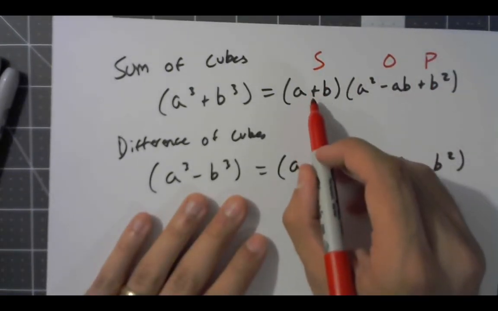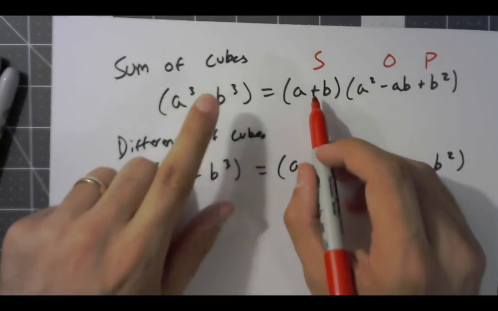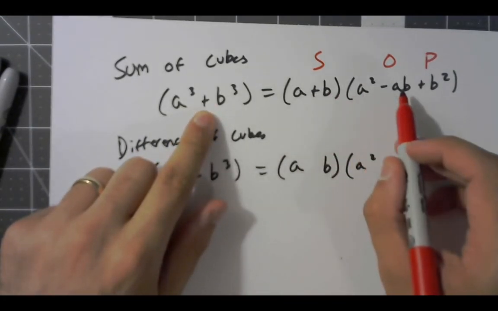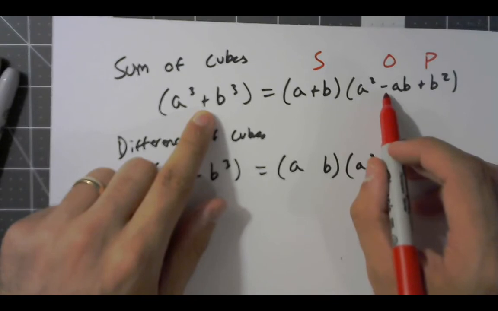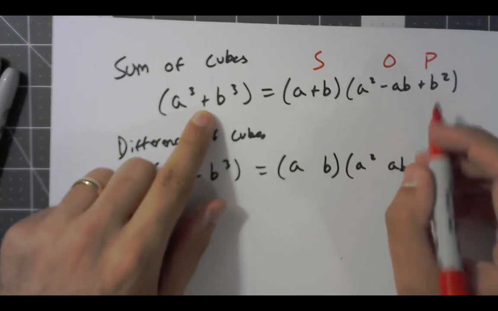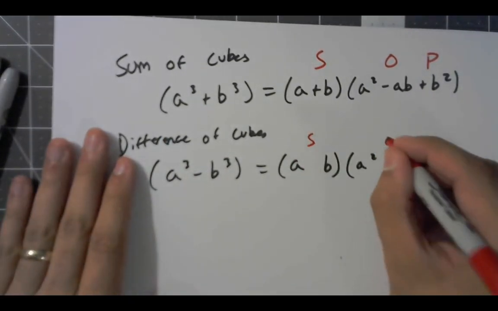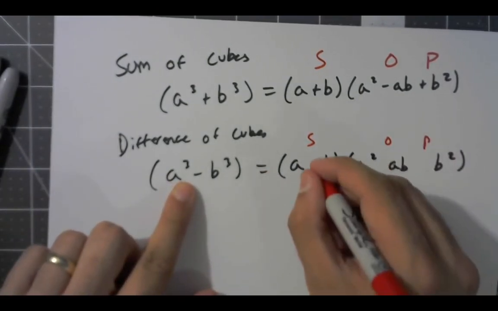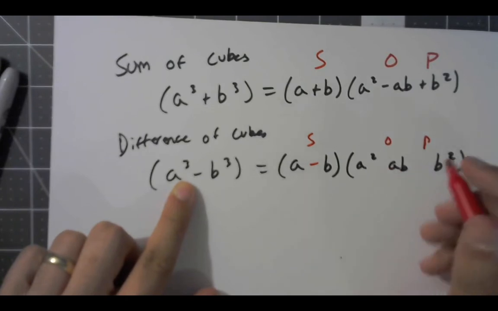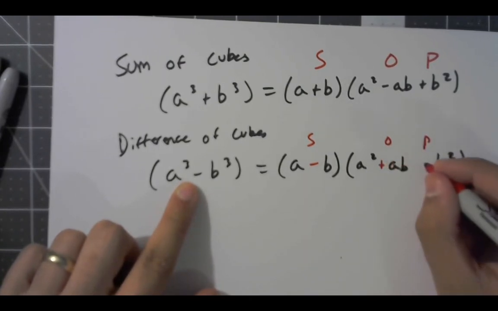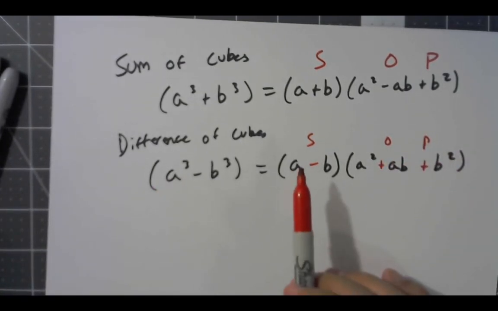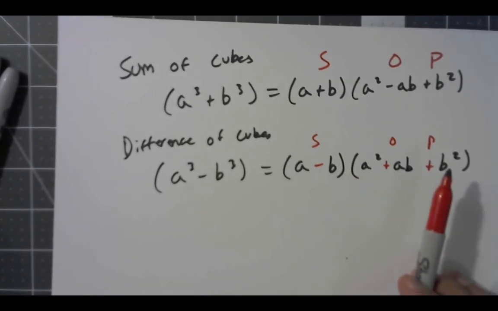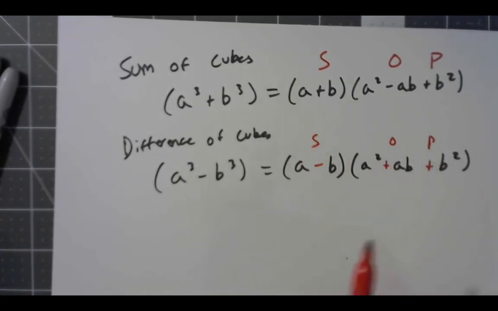We have the same sign here as we have over here, the opposite sign, and then finally this is always positive. So to help us remember, this is going to be the same sign, this is going to be opposite, and this is always positive. So if you ever forget which sign goes where, you need to remember SOP.